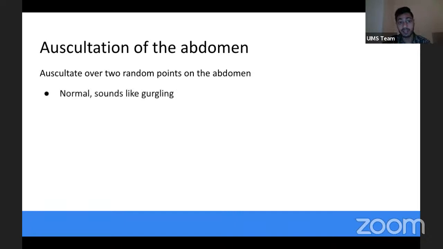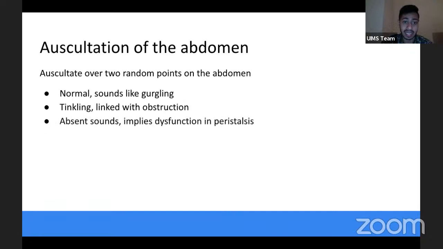If the sounds are normal, they sound like gurgling or gargling. I haven't really described that very well, but I think you know the sound it makes. It's very gurgly. There's tinkling, which could be linked with obstruction.